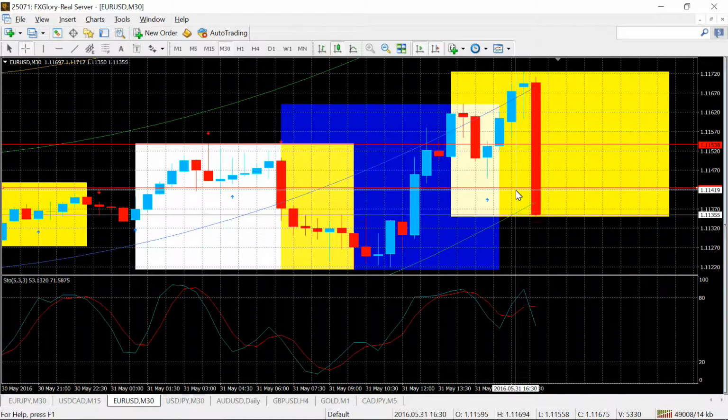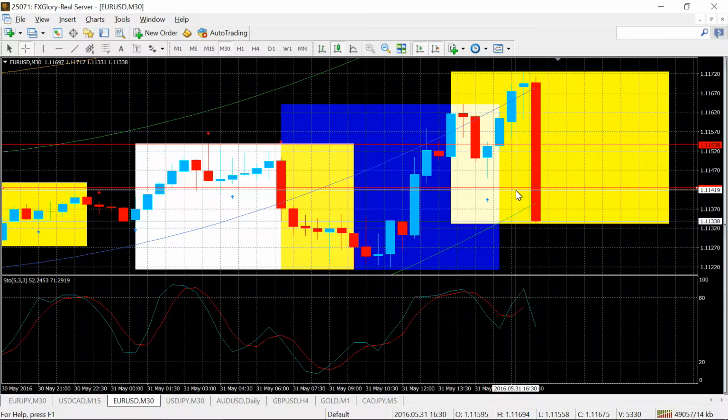Europe is winning during the Euro session, and most of the time it loses during the US session, because this specific pair is Euro versus US dollars. So the US dollar is in power during the US session. And that's what's happening right in front of your eyes. A big, huge drop, tremendous drop. I haven't seen a drop like that in a while. And I hope everyone closed that trade. Moving on.